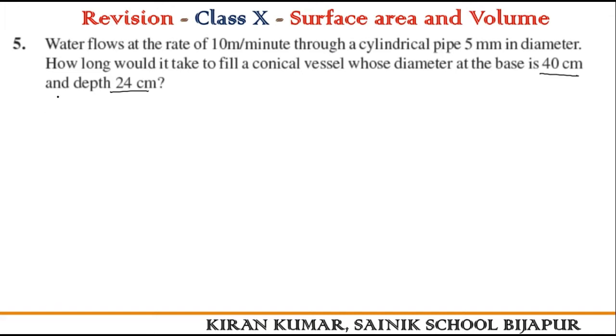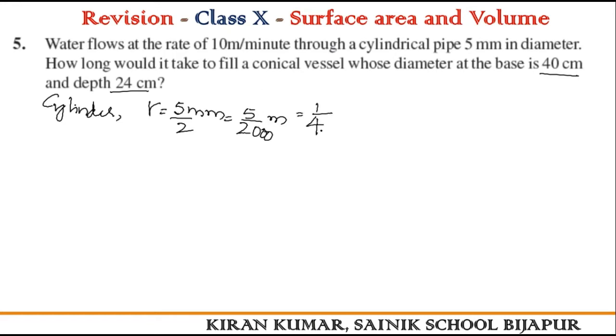They have given for a cylindrical pipe, the radius is 5 millimeter divided by 2 because the diameter is given. When we convert this, it will be 5 by 2000 meters. In other words, it will be 1 by 400 meter.